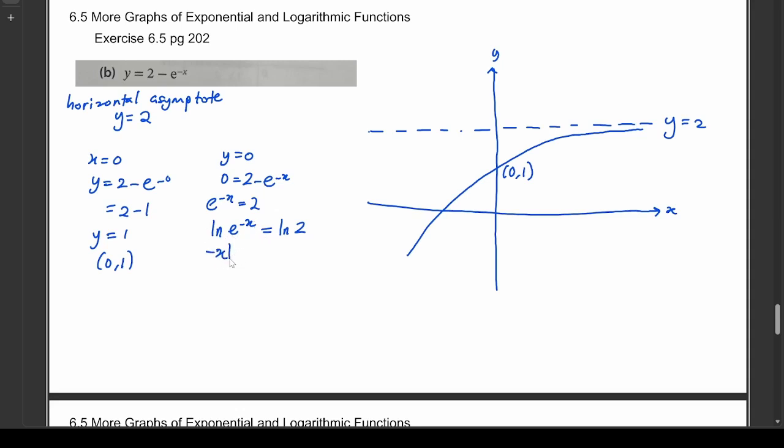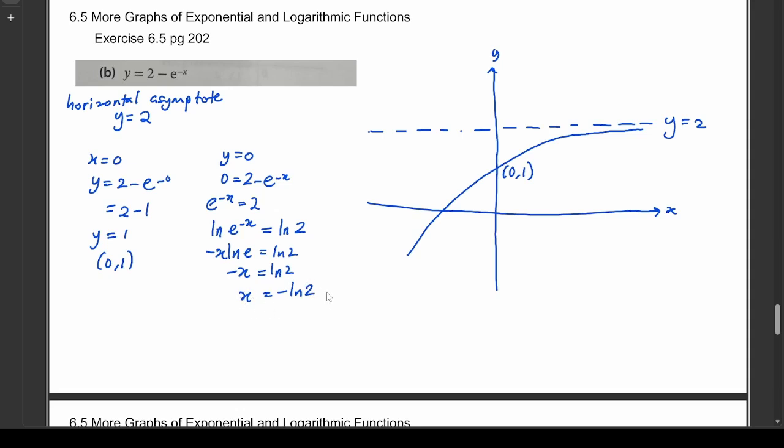So once I ln this, my negative x, I can put in front. It's just multiply, right? Negative x, ln e is just 1, right? You can press your calculator, ln e is just 1. So negative x times 1 is negative x. Then you get things like this. And for x, the negative 1, I just divide, which will give me the same thing, negative ln 2, right? You don't have to evaluate this.